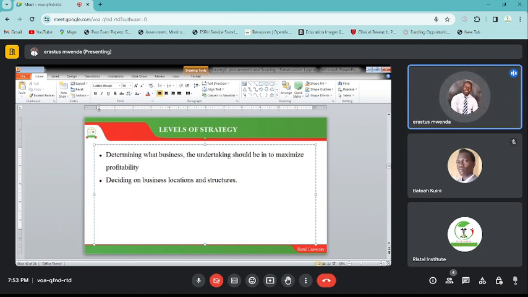Then we have the analyzer. Organizations are now going to be combining different elements of both prospectors and defenders. So they balance between being stable in the market and also developing new products within the market.